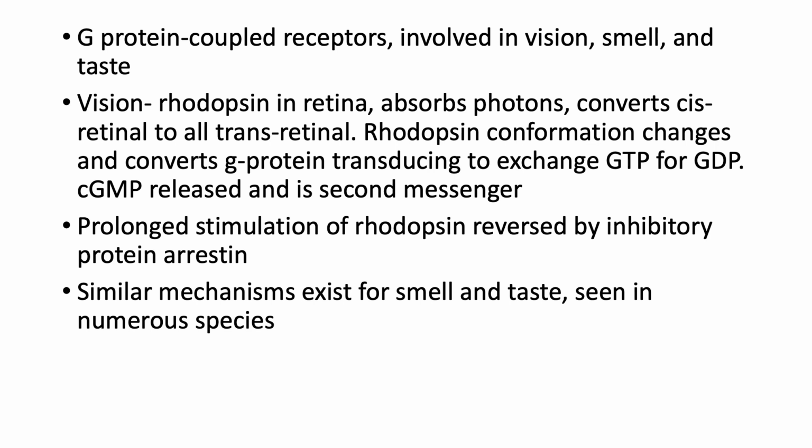The rhodopsin conformation changes, and the G protein transducin exchanges GDP for GTP, and then cyclic GMP is reduced, and that is the second messenger. The prolonged stimulation of rhodopsin in vision is reversed by an inhibitory protein called arrestin, and you can also see this same mechanism for smell and taste.